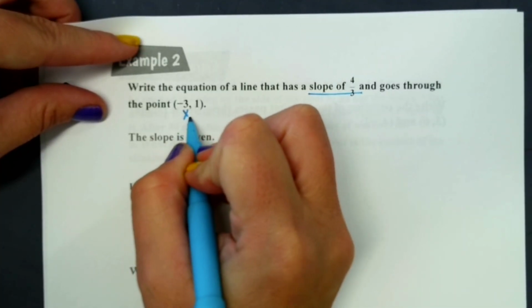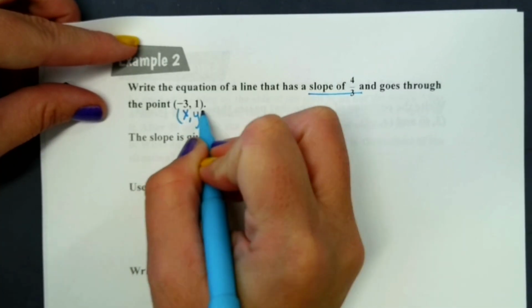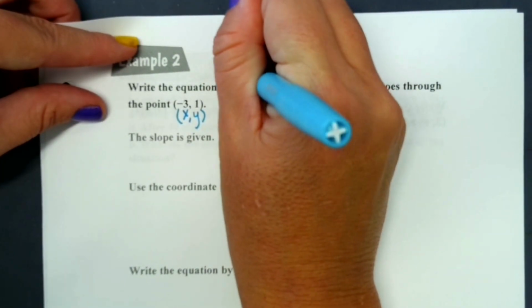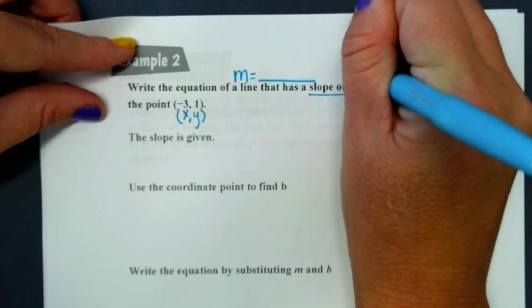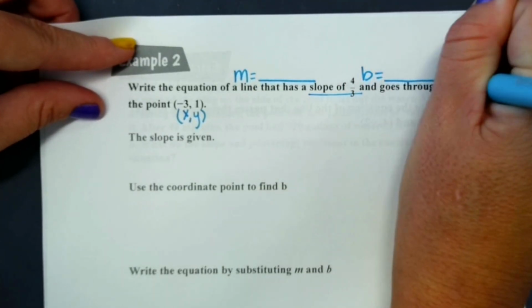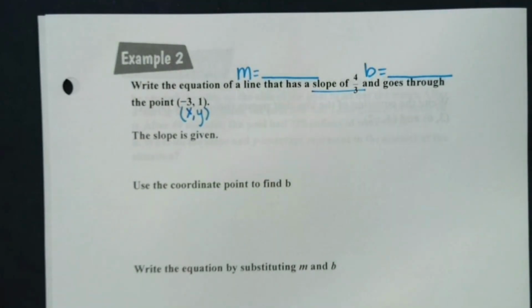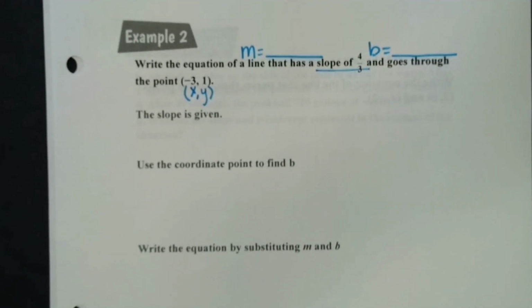This is a coordinate because they said it was a point, so that's an x and that's a y. I always write at the top of my paper here, I know I have to find m, and I know I have to find b in order to write my equation.